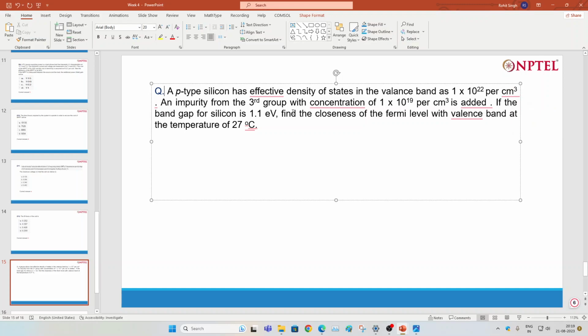An impurity from the third group, so it's a trivalent impurity, with concentration of 1 into 10 to the power 19 per centimeter cube is added. If the band gap is given, find the closeness of the Fermi level with the valence band at the temperature of 27 degrees Celsius.